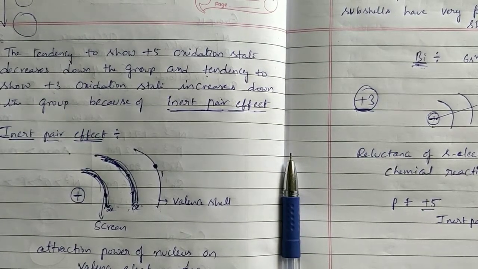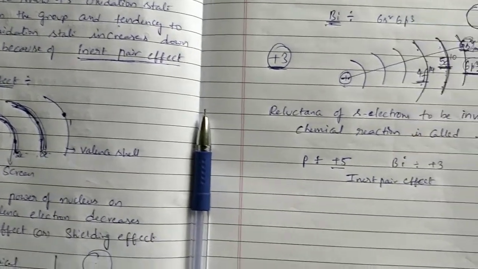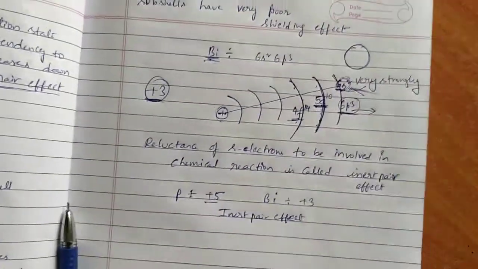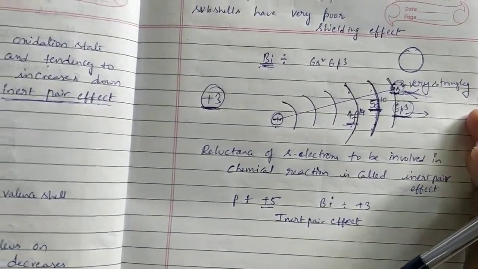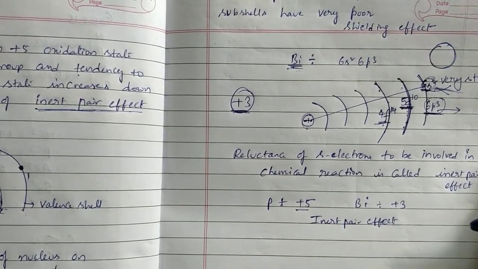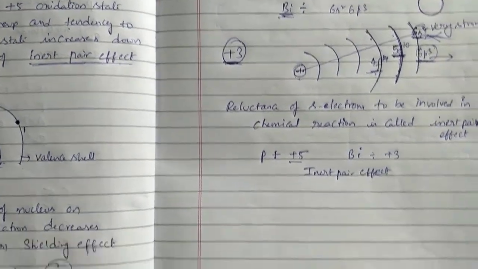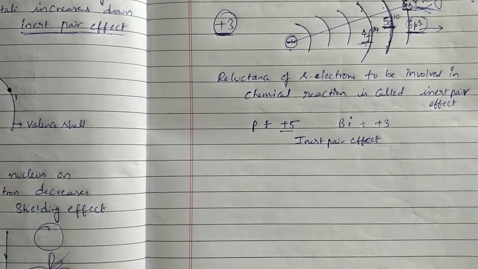That is because of inert pair effect. Inert pair effect definition is reluctance of s electrons to be involved in chemical reaction. Is it okay, ma'am?